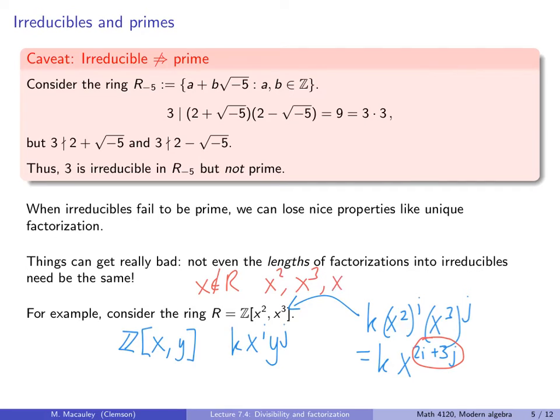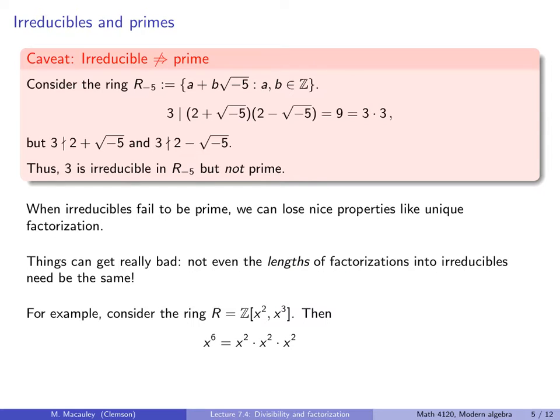So x to the 4th is just x squared times x squared. x to the 5th is x squared times x cubed. x to the 6th is x cubed times x cubed. x to the 7th is x cubed times x squared times x squared. And all of these things are in R. So you can think of this ring as the polynomials with integer coefficients in the variable x, except you can't have any terms with x to the 1st.